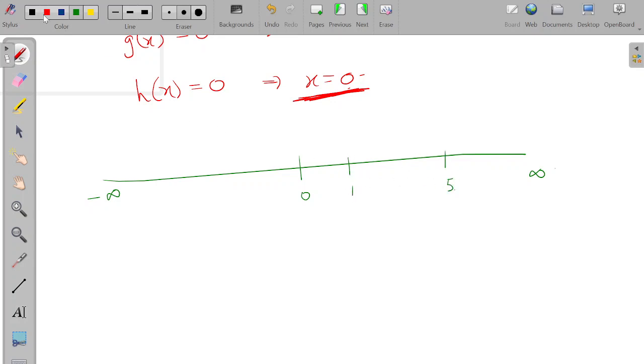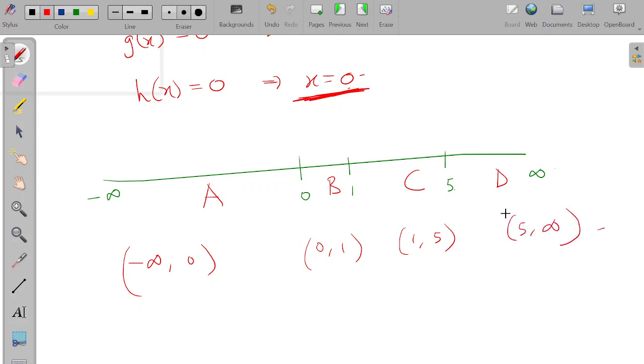So you see, it divides the real line into 4 intervals: negative infinity to 0, 0 to 1, 1 to 5, and 5 to positive infinity.